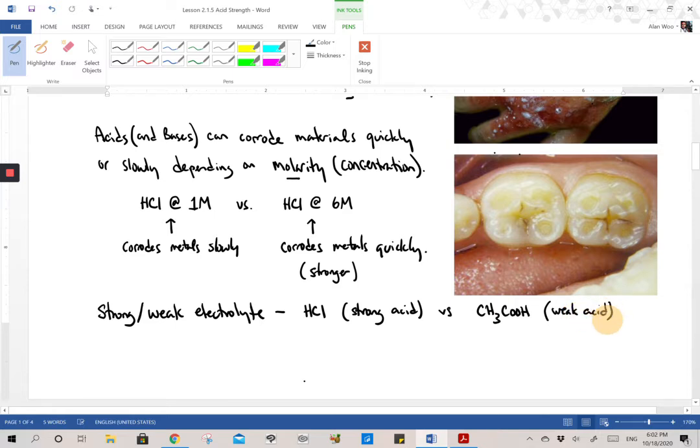One of the contributing factors to how well it corrodes is, again, how much H plus ions are produced, how many electrolytes are created.